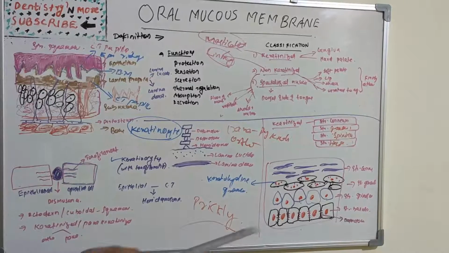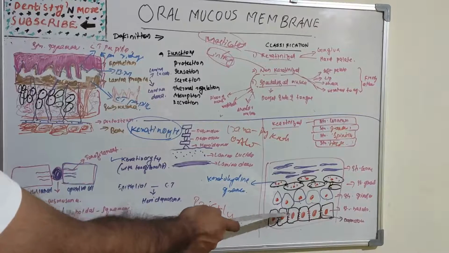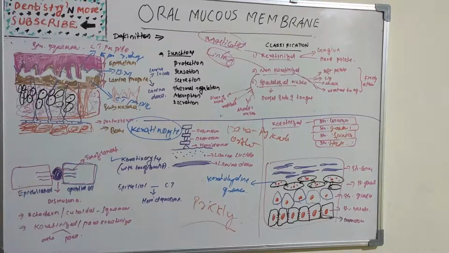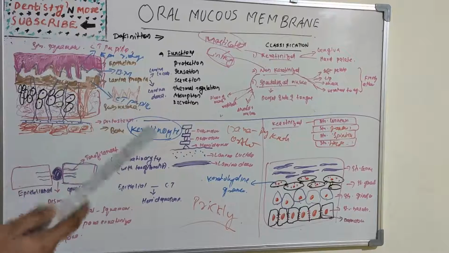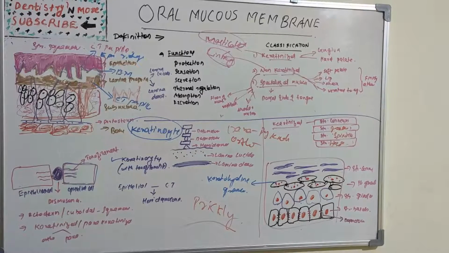Whereas the second layer, that is stratum spinosum, the cells are arranged in several rows. This is just a picture to differentiate between the cells, not the exact one, which has a large elliptical or spherical shape. Cells are joined together due to the presence of intercellular bridges or desmosomes. So desmosome is a very important short note.